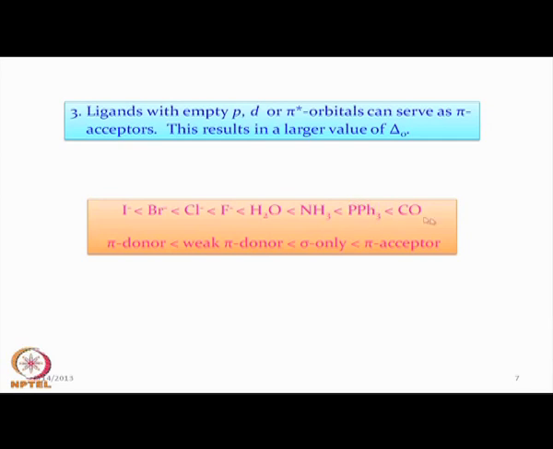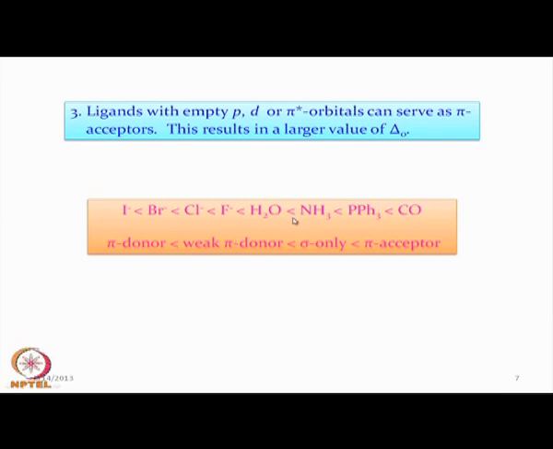We have taken out this part of the spectrochemical series for this particular justification, that if we have only sigma donors, such as ammonia and water, these can be considered as typical sigma donors only. They are in the central part of the spectrochemical series, because we can also ask how we can justify the spectrochemical series in terms of ligand field theory.